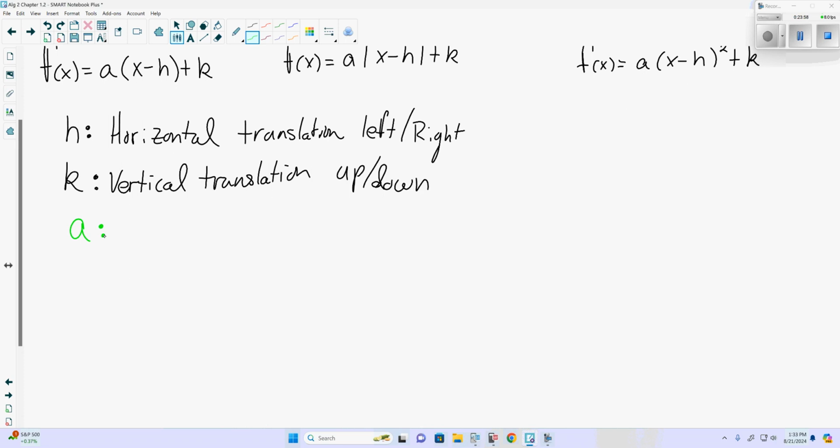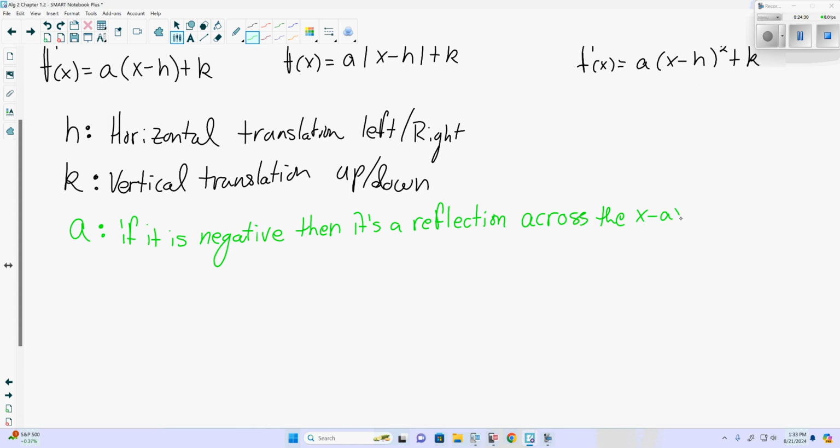If the A number, the number where A is negative, then it's a reflection across the x-axis. And we're talking about that A value, that value outside the parentheses.